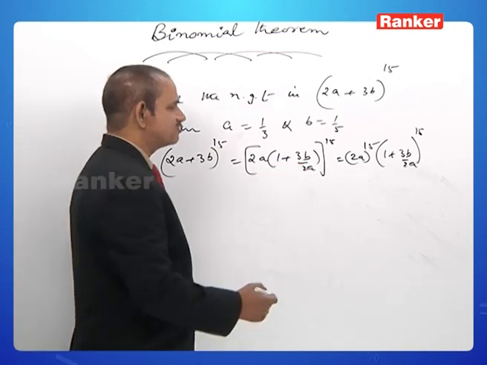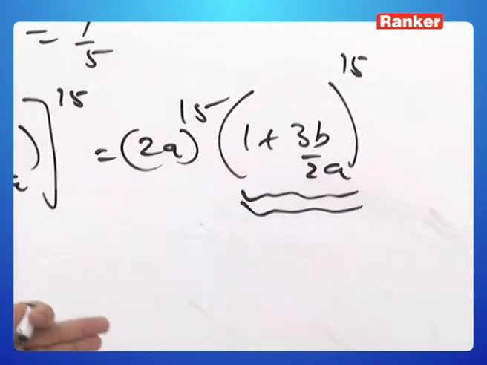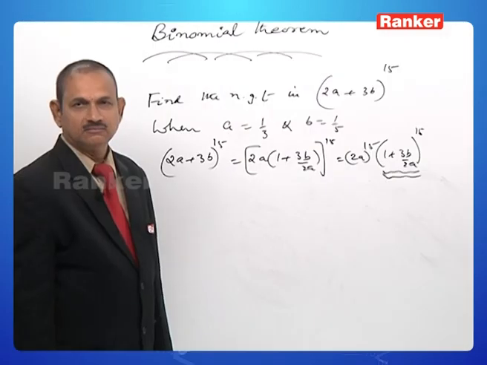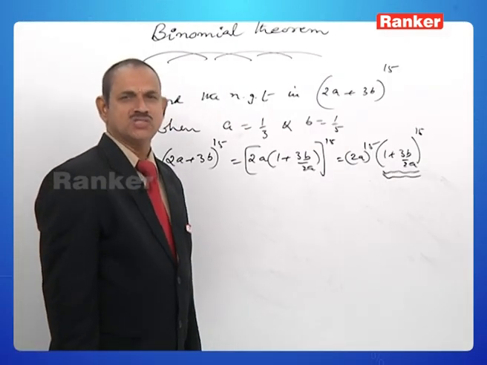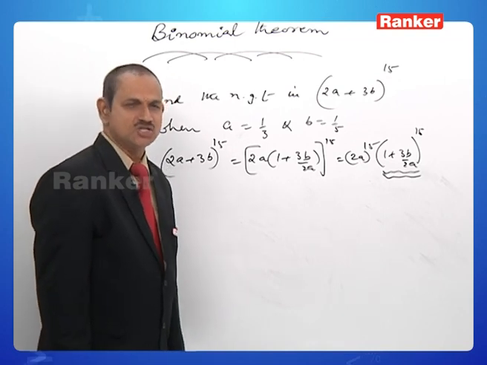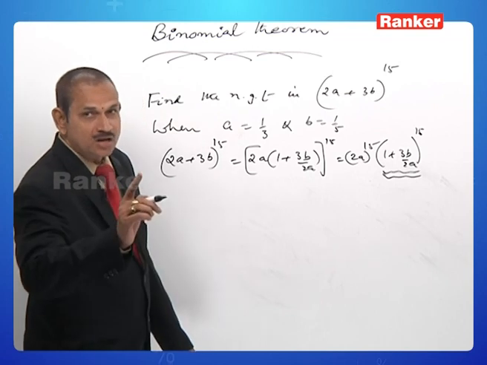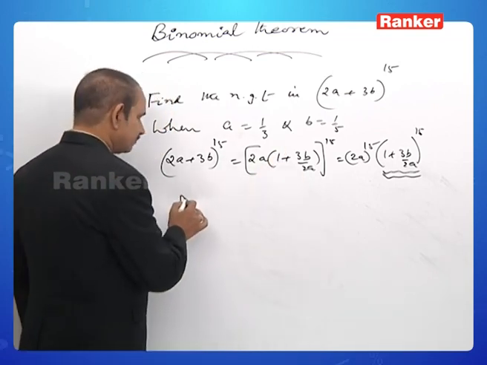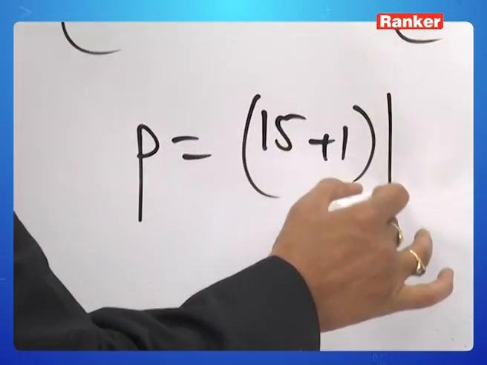What is the expansion? This is the expansion because that looks like (1 plus x) whole to the power of n. And of course, we may have to apply the procedure which we could have already learnt to that expansion. Come on, keeping in view of that expansion, find p, (n plus 1) into mod x by (mod x plus 1).